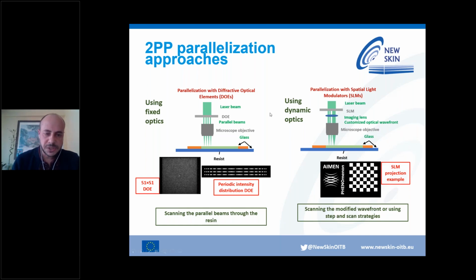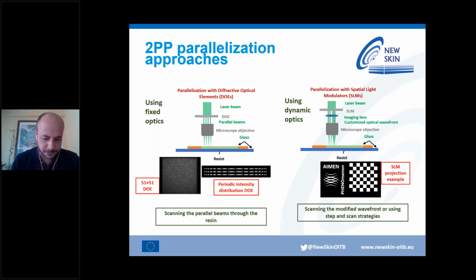By using this kind of optics, you can change one single, very focused beam into an array of different spots. Like, for example, this DOE that produces an array of 51 by 51 parallel beams, or the other DOE, which produces a periodic intensity distribution, which allows you to produce, for example, 1D prisms in the resist, by just scanning this periodic light intensity inside the resist.